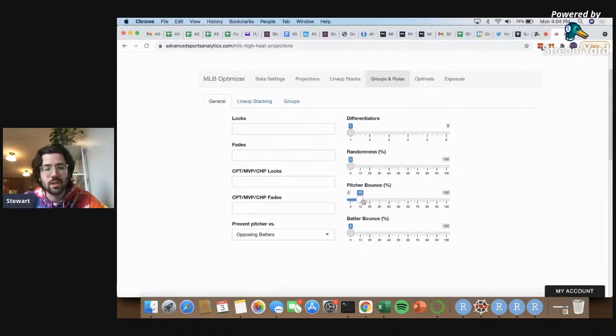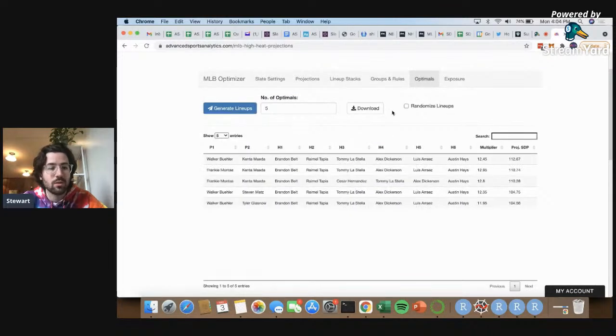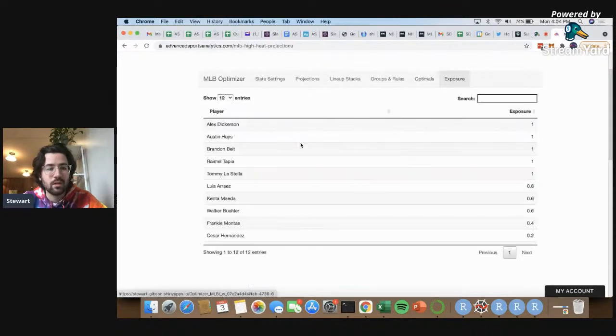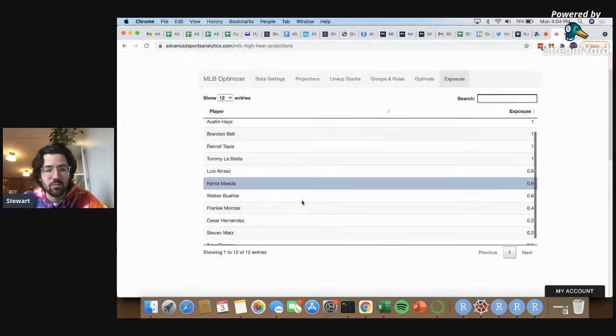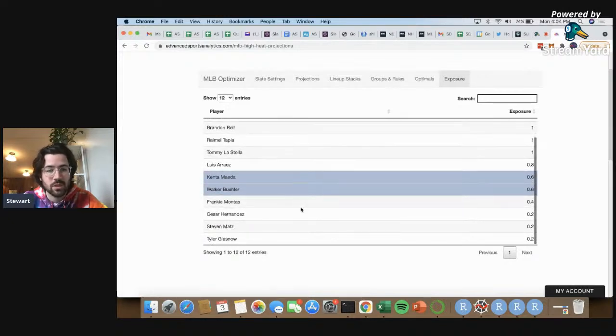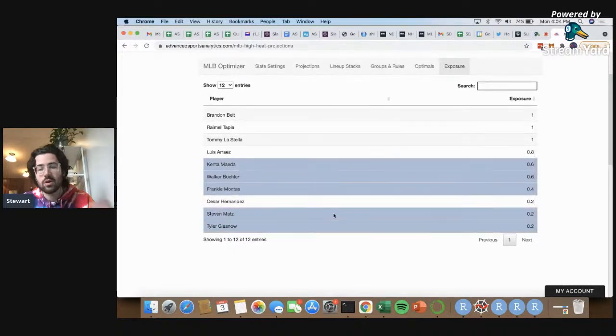The optimizer attempts to build lineups linearly, in that it will build the best lineup and then attempt to build the next best lineup that is different from the best lineup. I'll turn pitcher bounce up to 25 to show you what high bounce can do, just to show you the end result. Now we have Maeda at 60%, Buehler at 60%, Montas at 40%, and then Matz and Glasnow also at 20%.